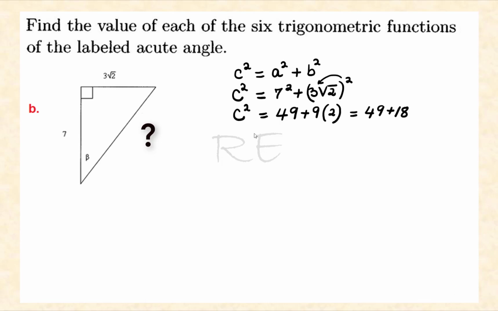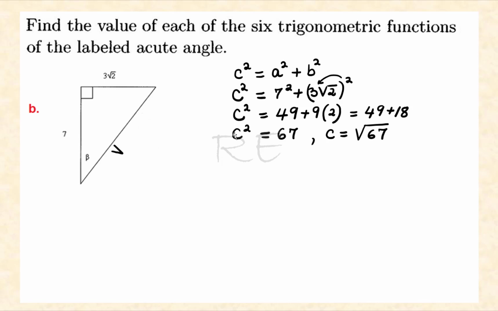And C squared will be 49 plus 9 times 2. So C squared is equal to 67, and C is equal to the positive square root of 67.